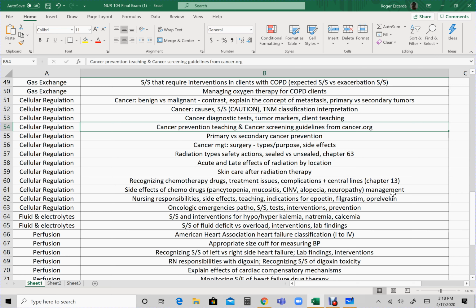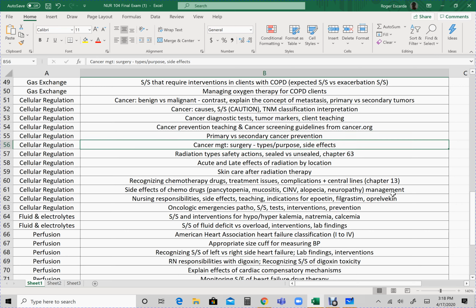I showed you how to get to it from the ACS website. Line 55 is specific examples of primary and secondary cancer preventions.